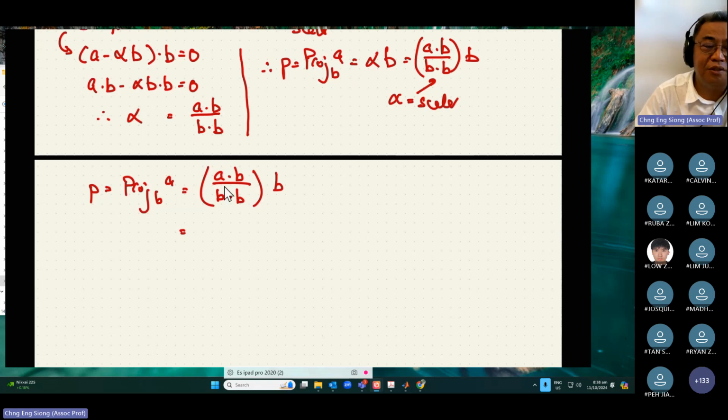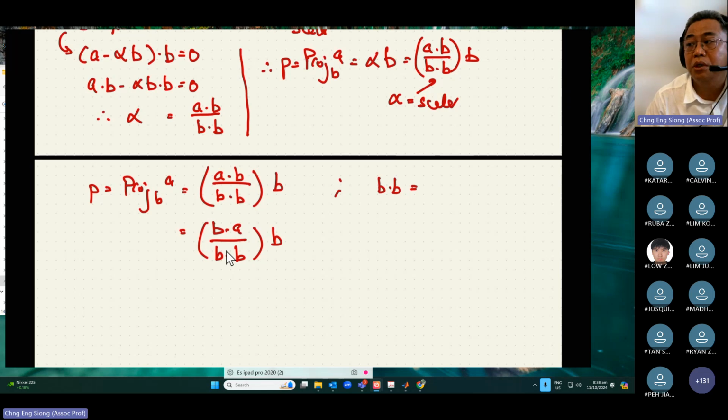The first way I will change is that A dot B is the same as B dot A, right? So this is one way. And then what about the one at the bottom? Remember, B dot B is equal to what in terms of norm?